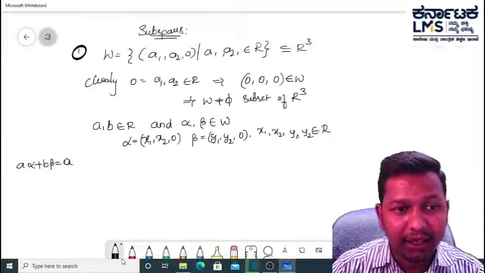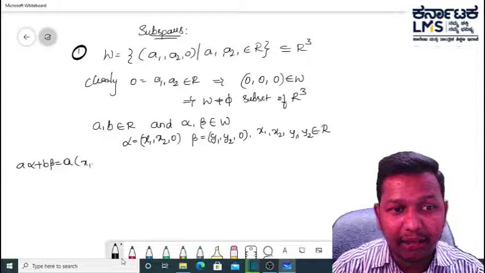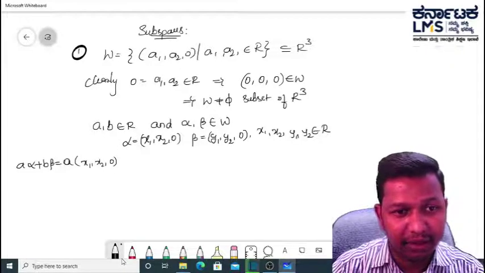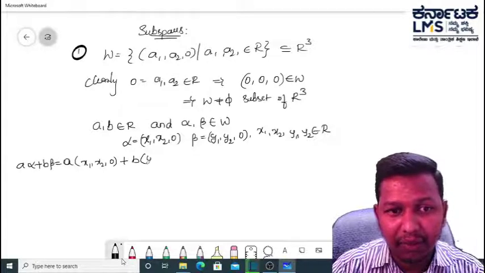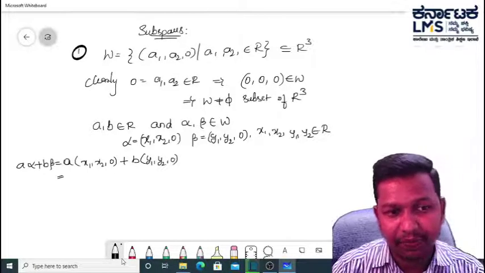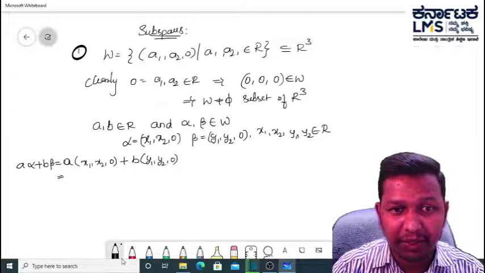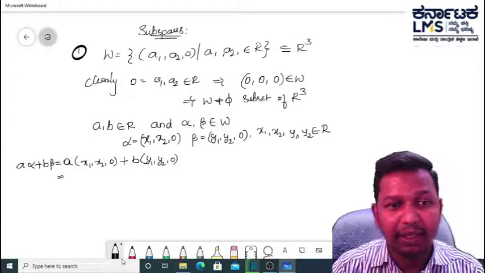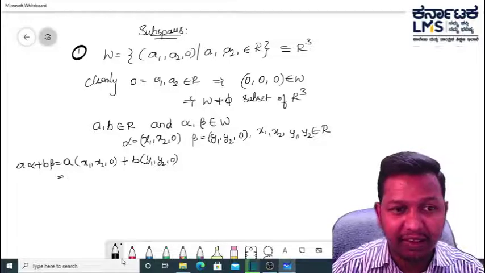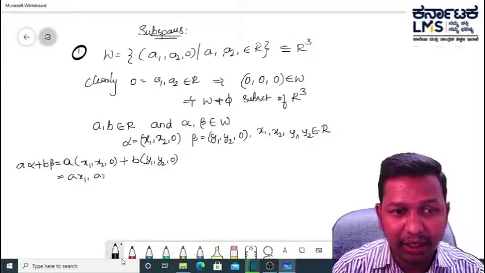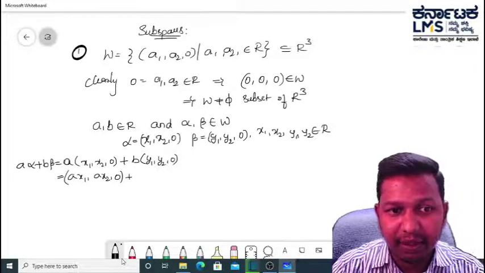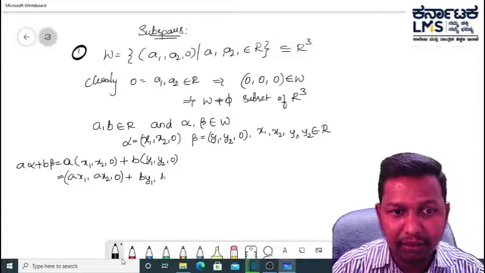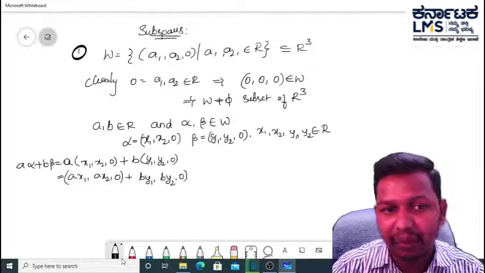That is, a times alpha, meaning (x1, x2, 0), plus b times beta, meaning (y1, y2, 0), which is equal to, since x1, x2, 0 are real numbers and a is also a real number, we can multiply them as (a x1, a x2, 0) plus (b y1, b y2, 0).